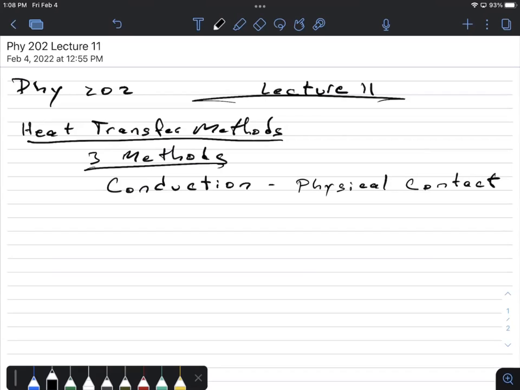That's heat conduction. When your fingers touch, the pan is at a higher temperature than your skin, and so energy will flow from the hotter object into the colder object, and that causes a burn. That's heat conduction. Two things actually physically touching can transfer heat between themselves.